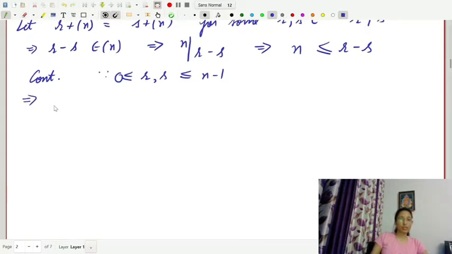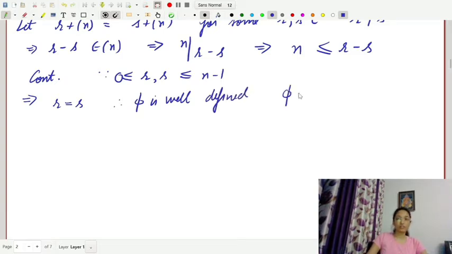Which in turn implies r is equal to s, therefore phi is well defined. Now if we reverse these same steps, it can be seen that phi is one-one.